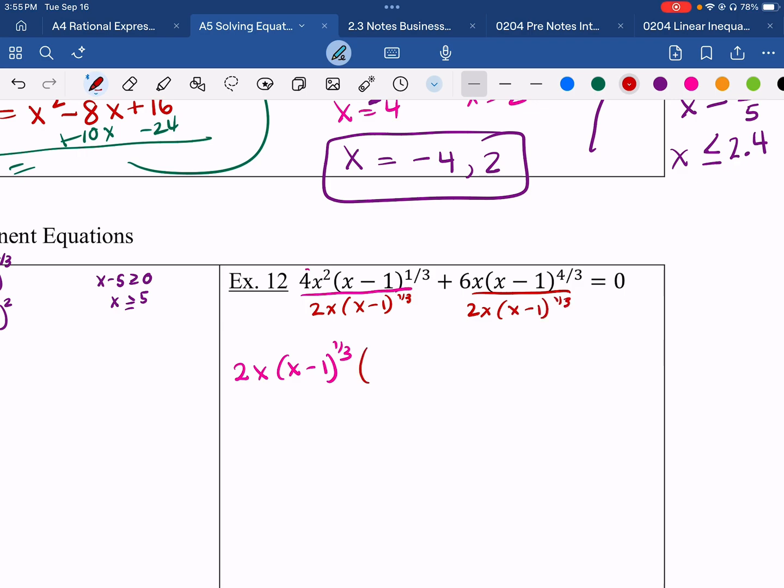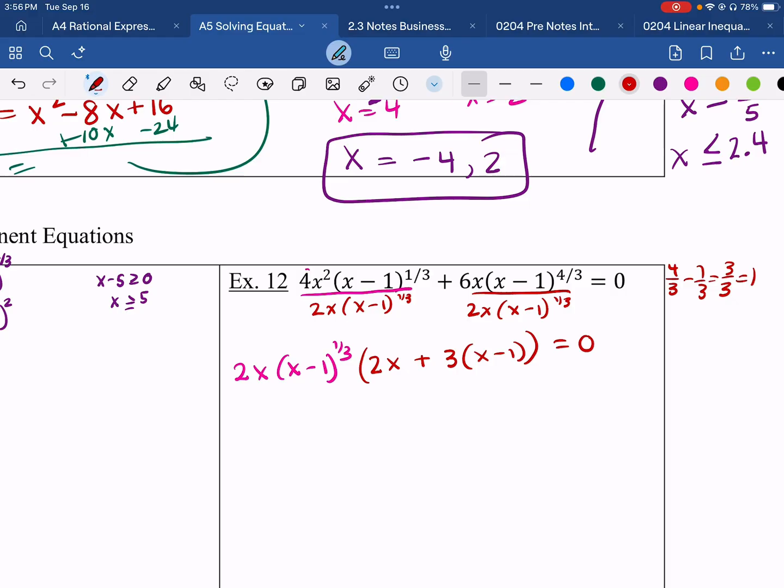All right, on that first one, that leaves me with 2x. On the second one, it leaves me with a 3. And then a 4/3 minus a 1/3 is a 3/3, which is just 1. So it leaves me also an x minus 1. Remember your equals 0. So we need to simplify that inside.